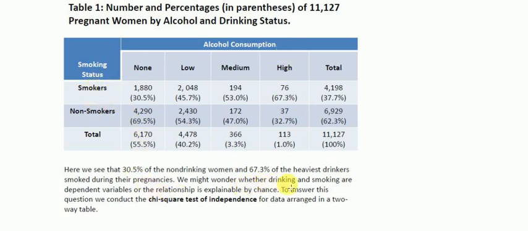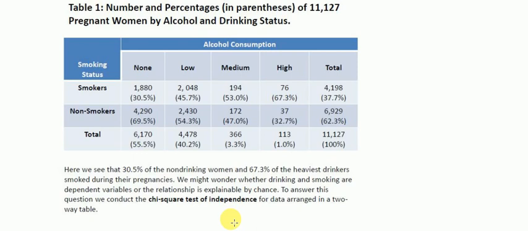We might wonder whether drinking and smoking are dependent variables or the relationship is explainable by chance. Basically what we have to see is whether there is a relationship between these two variables, smoking and alcohol. Is there a direct relationship, or an indirect relationship, or is it simply by chance, with no relationship? To establish this, we have to conduct a chi-square test. The chi-square test will tell us whether there is a relationship between alcohol consumption and smoking status.